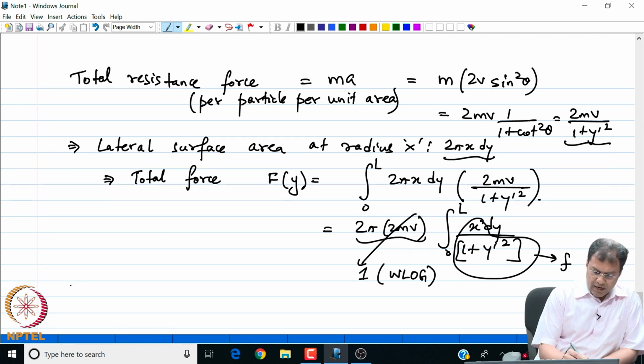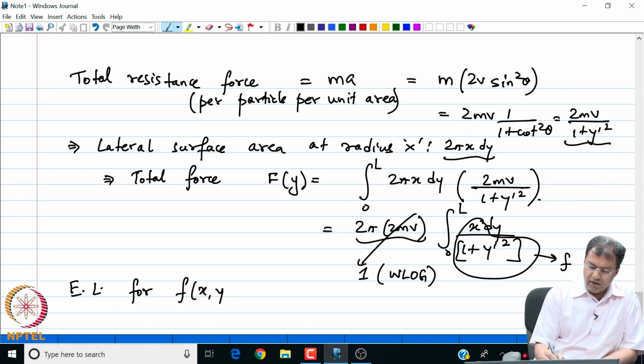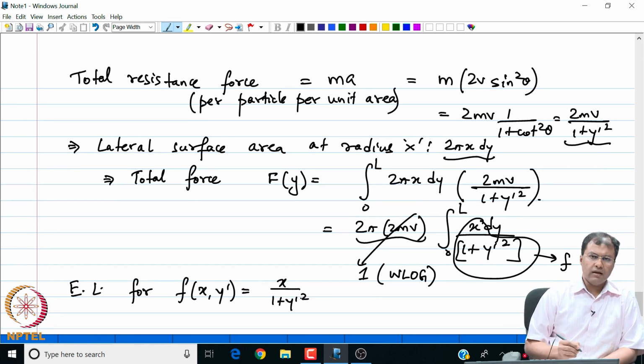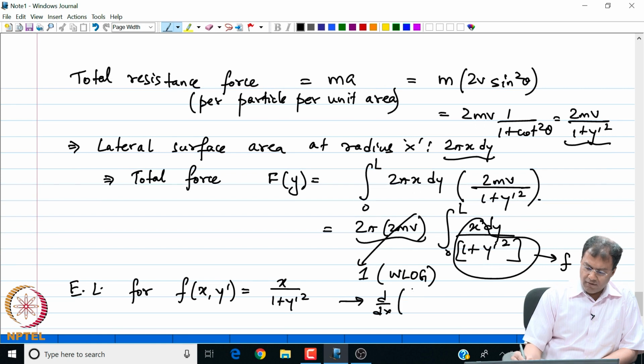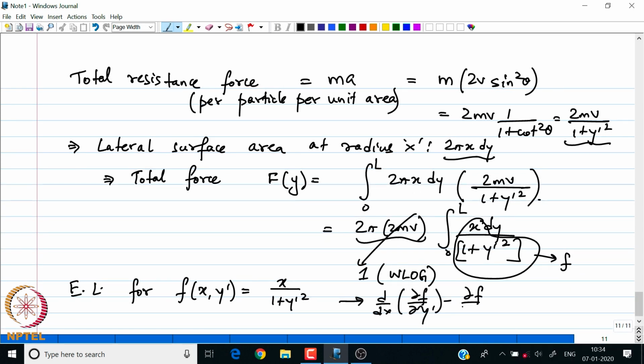So, to find the optimal shape, we need to write down the Euler-Lagrange equation for the integrand f of x comma y prime, which is x by 1 plus y prime square. When we do that we have d dx of partial f partial y prime minus partial f partial y.